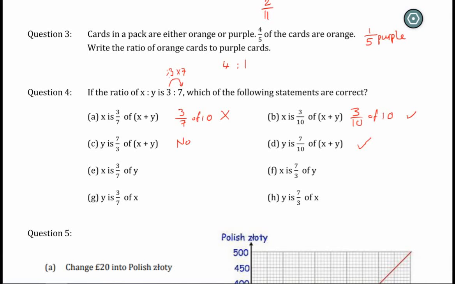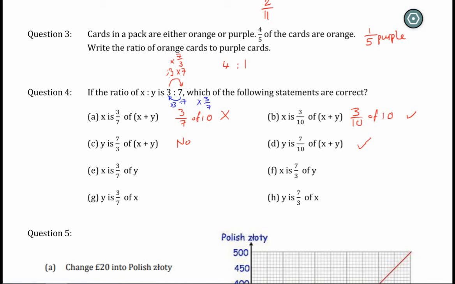That's the same as timesing by 7/3. To turn the 7 into a 3, I would divide by 7 and then times by 3, which is the same as timesing by 3/7.